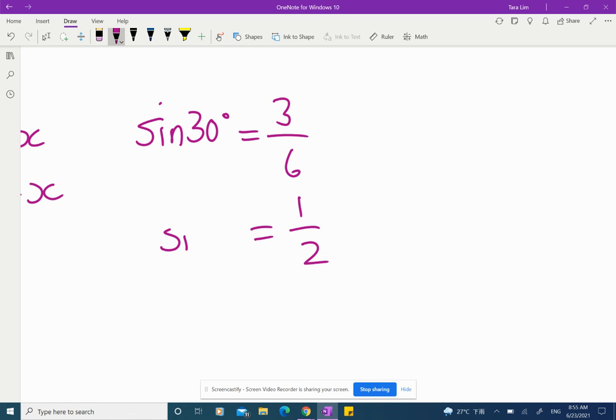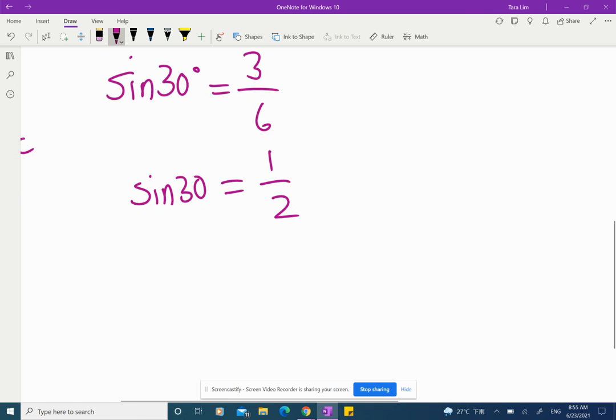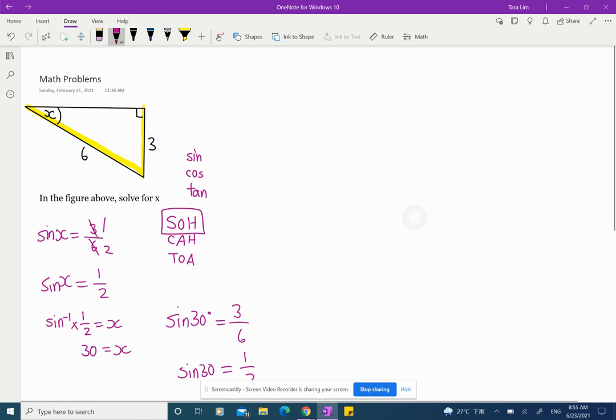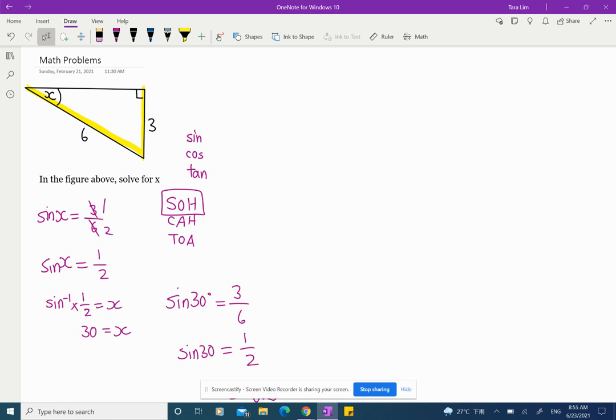So if we do sine of 30 degrees, it'll give us 0.5. So yes, the answer is correct. You can always go back and check your answer by plugging it in for x.